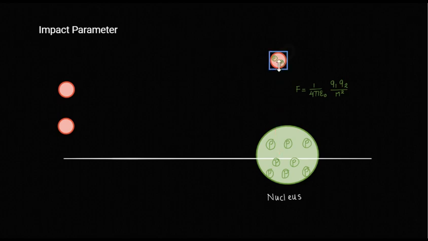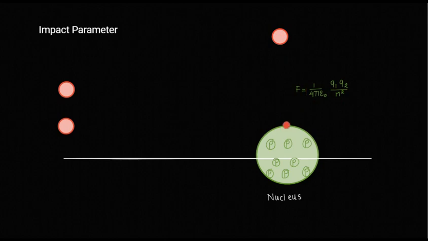Suppose the alpha particle is placed somewhere here, so it is very far from the nucleus. That means this r, the distance between these two charges, is very large. If r is very large, what happens? The force will be very small.